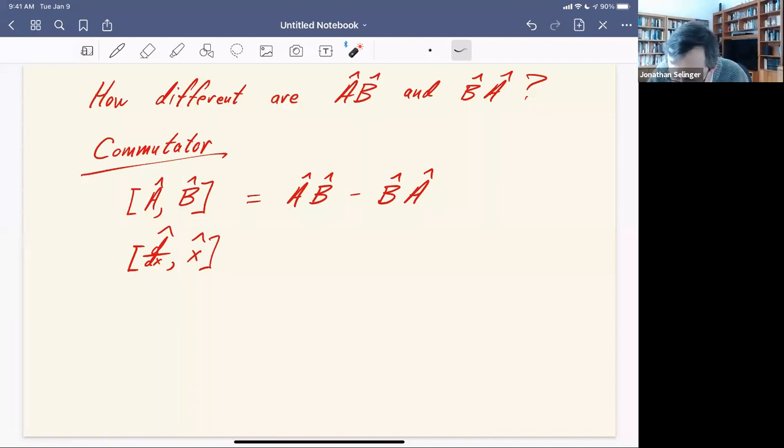So you let it act on, for example, f of x, where f of x is any general input function.